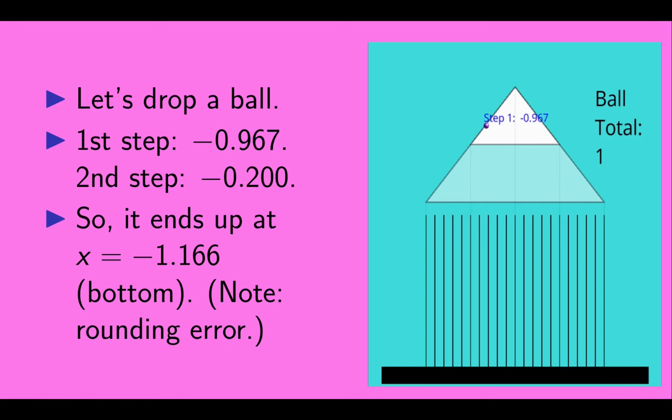Let's drop a ball. Its first step is -0.967, and its second is -0.200, so it ends up at x equals -1.166, shown at the bottom of the screen.